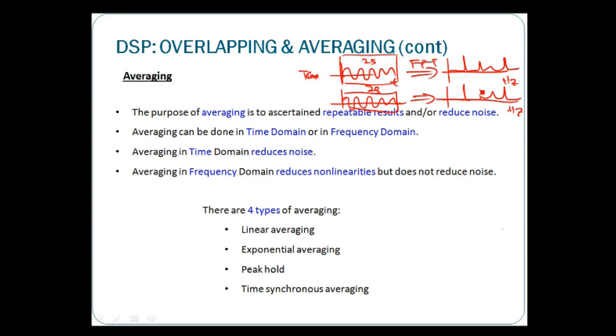Then if you use this block plus these blocks of signal, then divide by 2, right? Then that is what we call the time domain. If you are using the process FFT plus another process FFT, then divide by 2, that is our frequency domain.